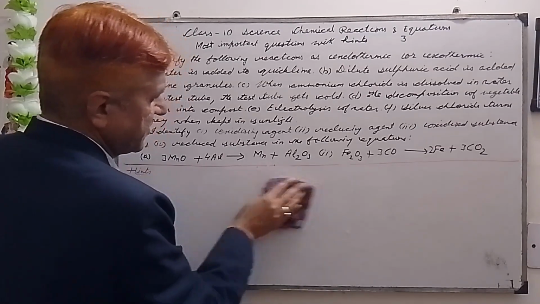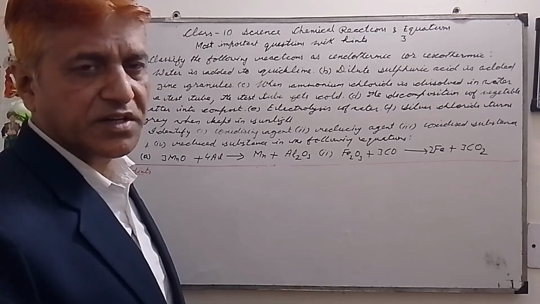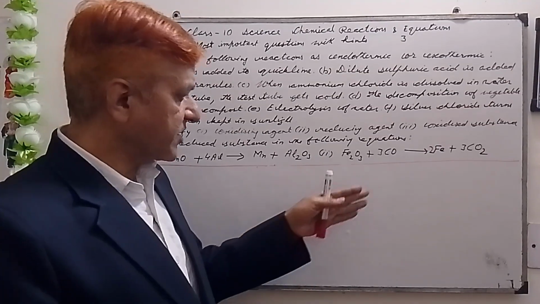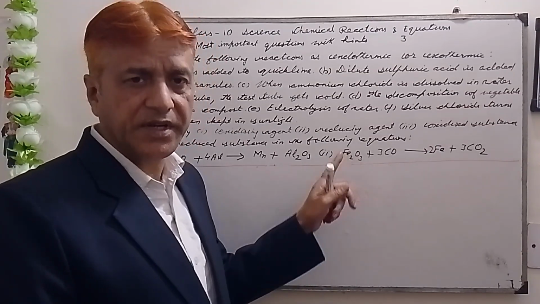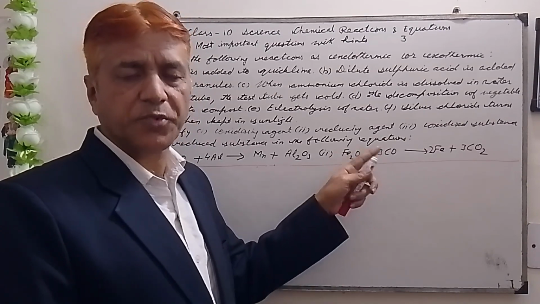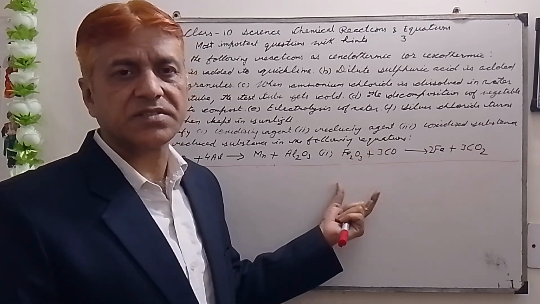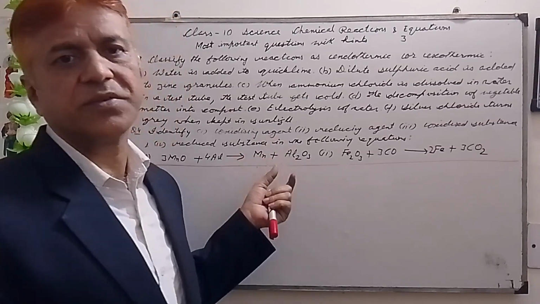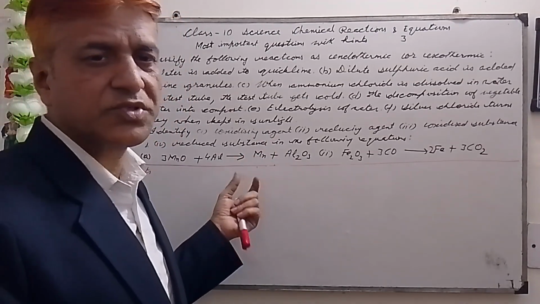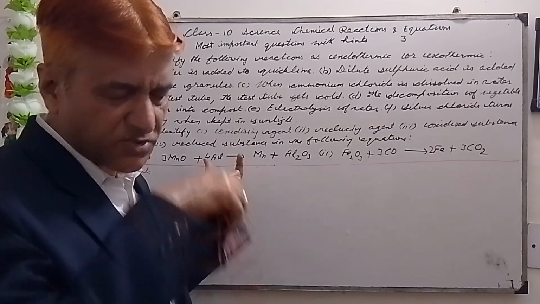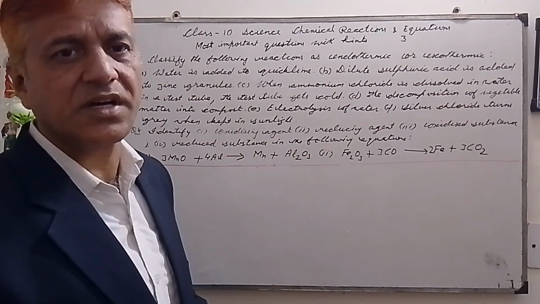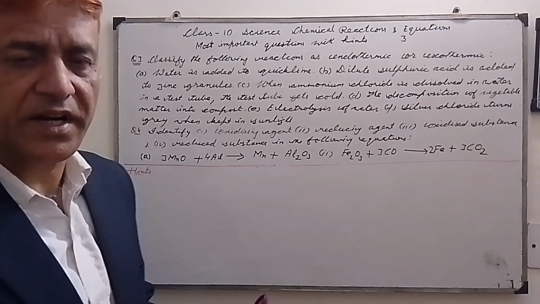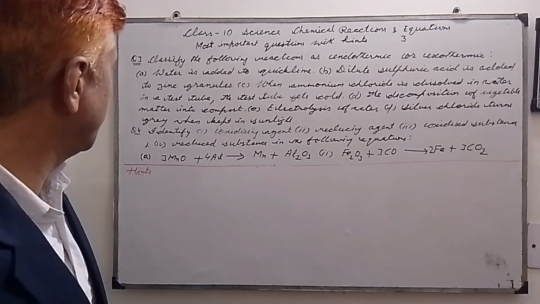If heat energy is written on the product side, with the products, then that reaction is exothermic, and when heat is written on the reactant side, that reaction is endothermic. So this is how to identify exothermic and endothermic reactions.